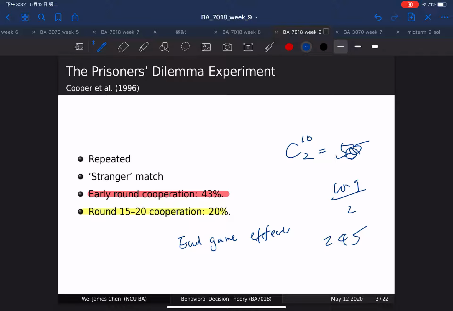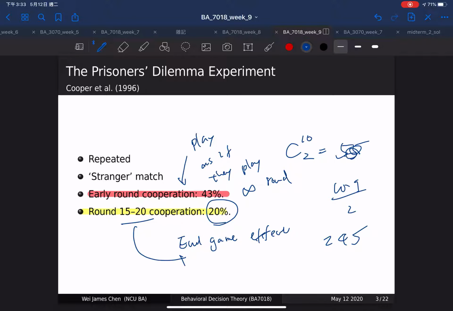Usually in the early rounds, people play as if they play infinitely many rounds, so they have some sort of cooperation. But in the last few rounds, people notice that we're almost at the end and there's no incentive to cooperate. But it's still as high as 20%.